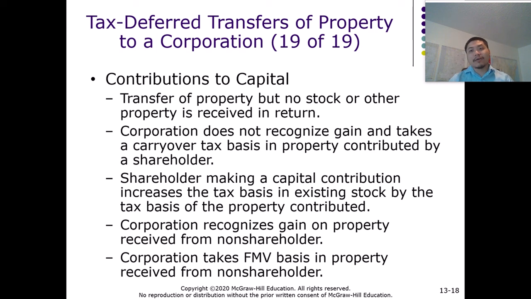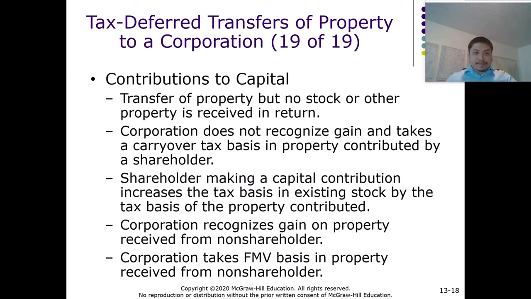Now I contributed another car to the company without receiving any stock, and the car basis is $3,000. So now I can increase my basis in the stock from $5,000 to $8,000, right? This helps me when I decide to sell the stock. Since my basis is higher, I reduce the amount of gain I recognize on the transaction, so I can pay less tax.